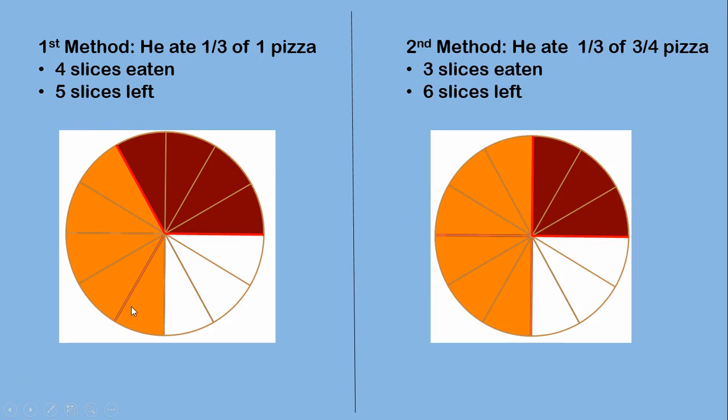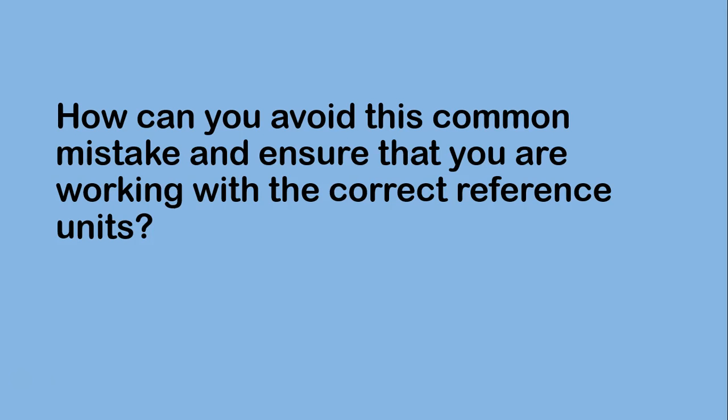In the second method, we looked closely at the words and saw that the 1/3 referred to 1/3 of his leftovers, which were 3/4 of a pizza. So he ate 1/3 of 3/4, which was 3 slices, and he has 6 slices left. As you can see, the reference units matter and influence the way a word problem is to be solved.